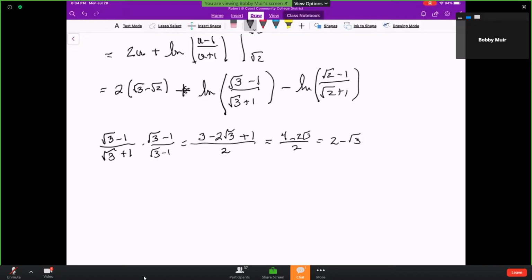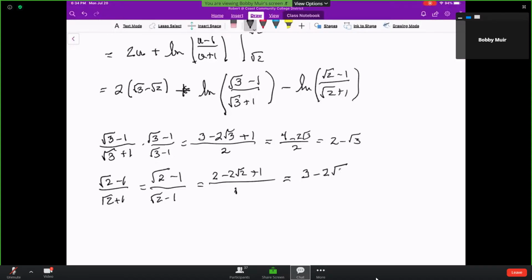And the square root of 2 minus 1 over the square root of 2 plus 1, we could get, we go square root of 2 minus 1 minus 1. Top is 2 minus 2 radical 2 plus 1 divided by 2 minus 1, which is a 1, which is going to be a 3 minus a 2 radical 2.